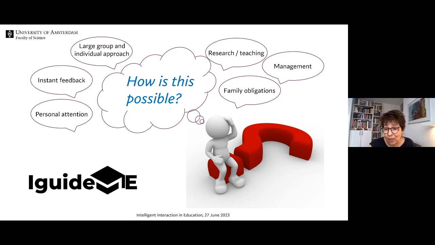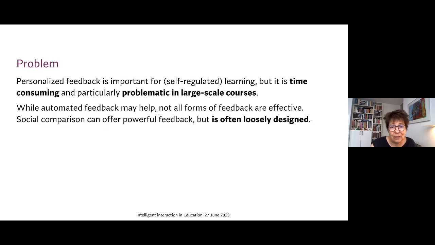And how does it work? What is actually the real problem? Personalized feedback is important, as we know, to get more self-regulation, but it is so time-consuming and particularly problematic in large-scale courses. Automatic feedback could help, but it is not always effective, and it is also important that there is some social comparison, but it has to be done well.